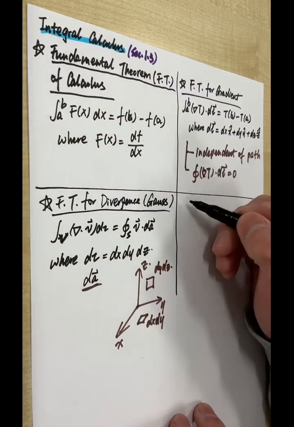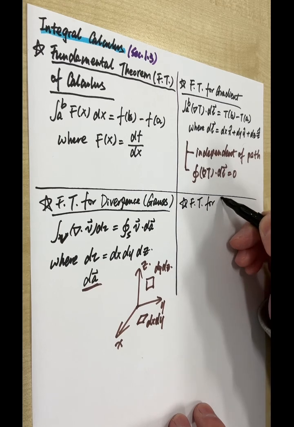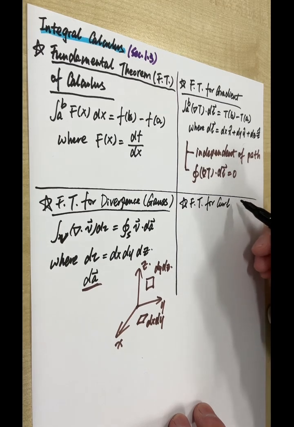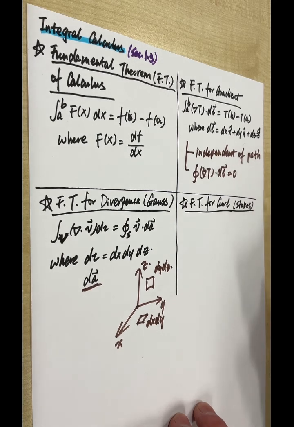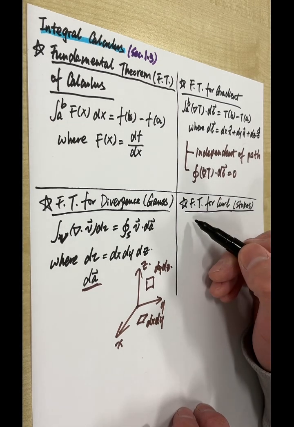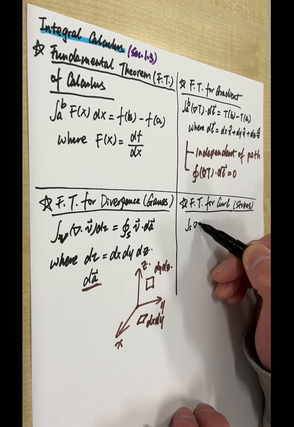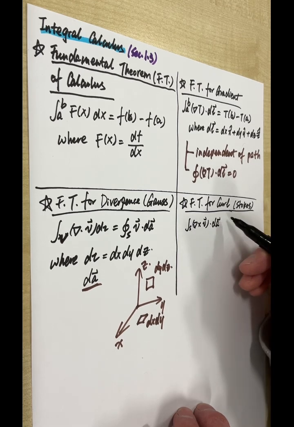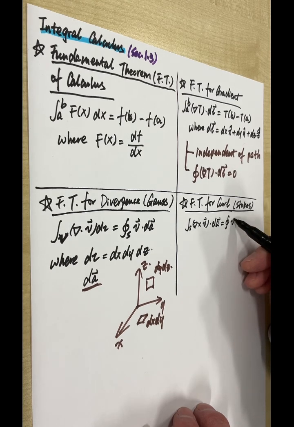Last one is the fundamental theorem for curl. This is also often known as Stokes theorem. So this theorem is like this. We have the surface integral of the curl equals the closed path integral of the vector itself.